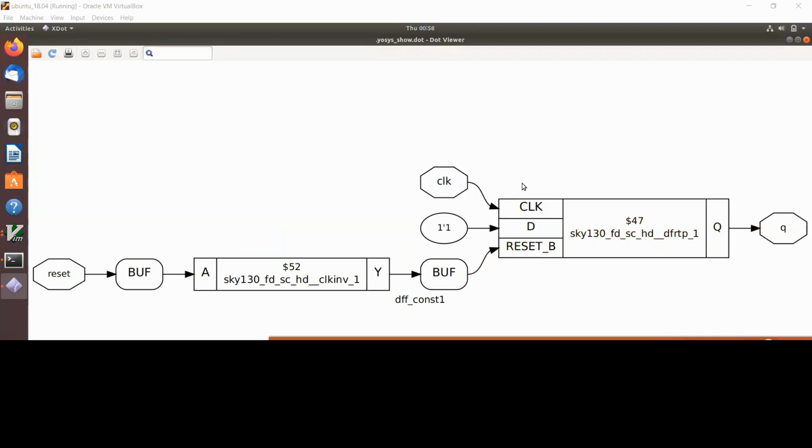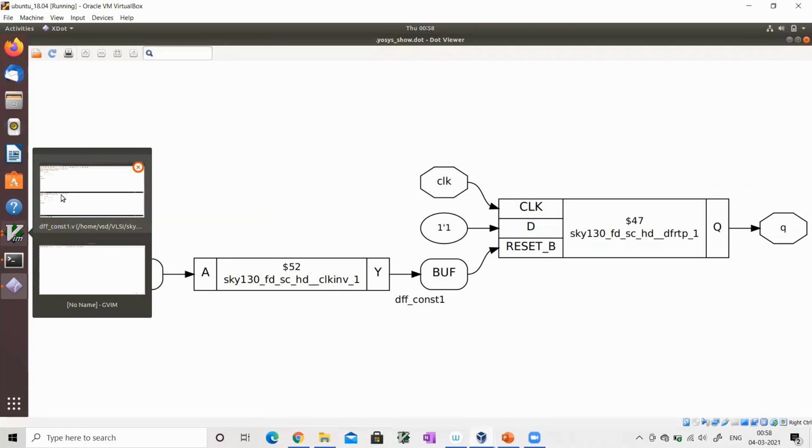Now this standard cell library is expecting a reset to be active low, but we have coded an active high reset in our design. So the tool is inferring an inverter here in the reset path, because the library cell is expecting an active low reset. Look at the code here.